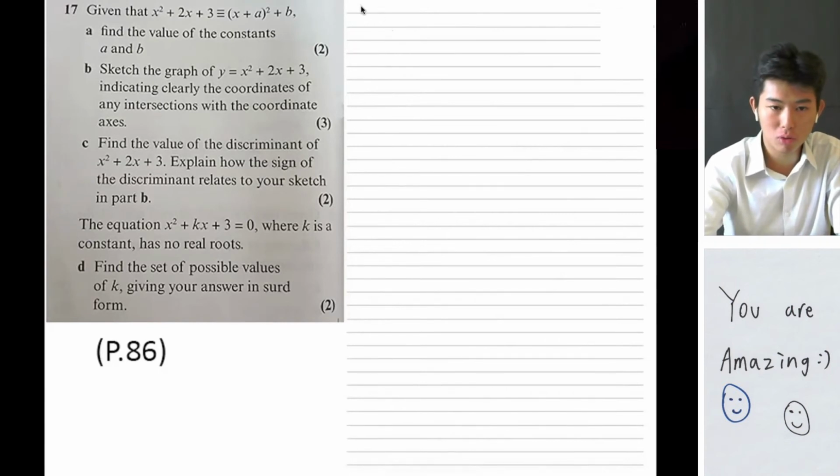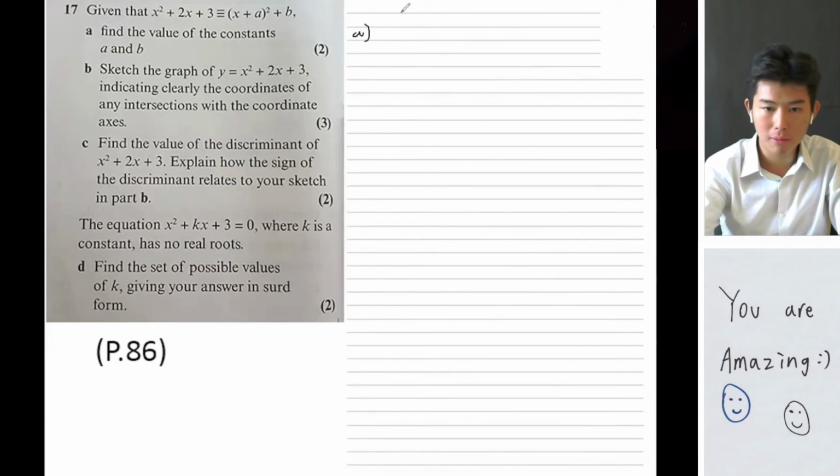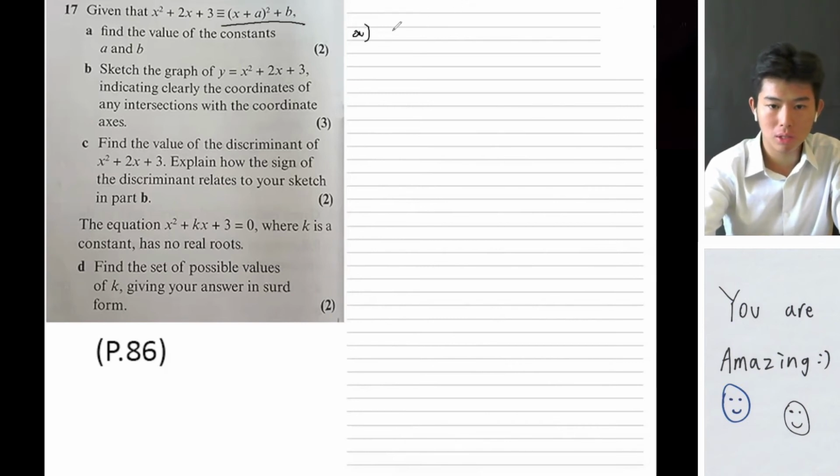Okay, for question 17, also in page 86 in the textbook. For the part A, they want us to prove x squared plus 2x plus 3 into this form here. Okay, so pretty easy and straightforward.